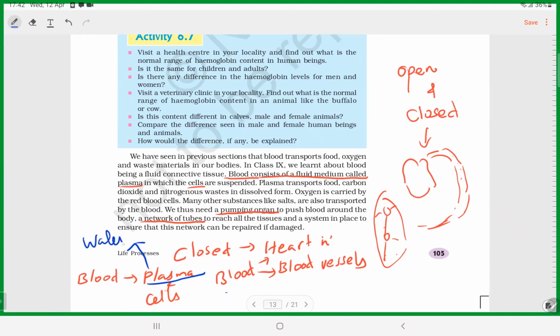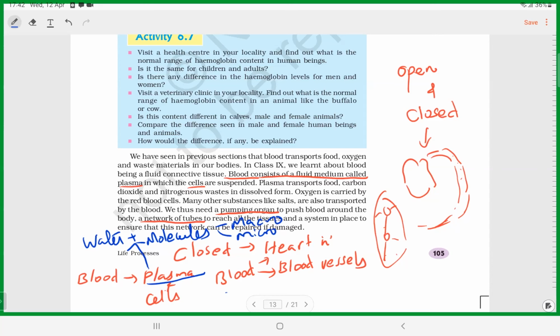Water plus molecules. Again, the molecules may be classified into what? Macro and micro. Macromolecules, bigger size molecules, and micro, smaller size molecules.